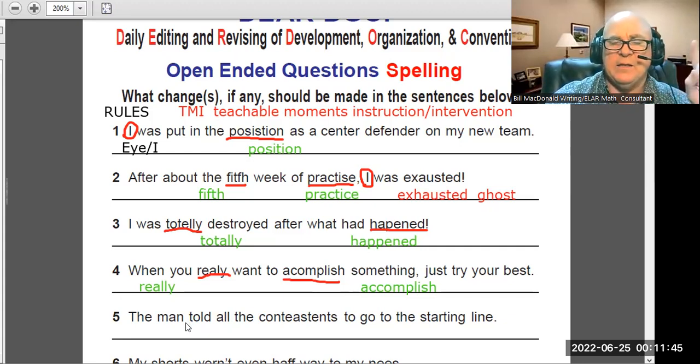The man, subject singular, told, past tense, all of the contestants to go to the starting line, period, dropping the ball on the floor. So if I say it the way it looks, it doesn't look right and it doesn't sound right.